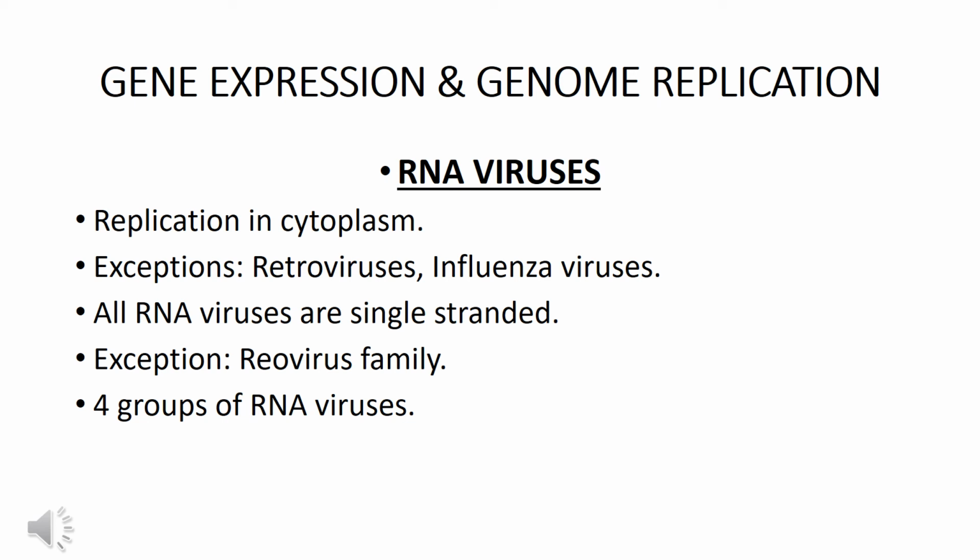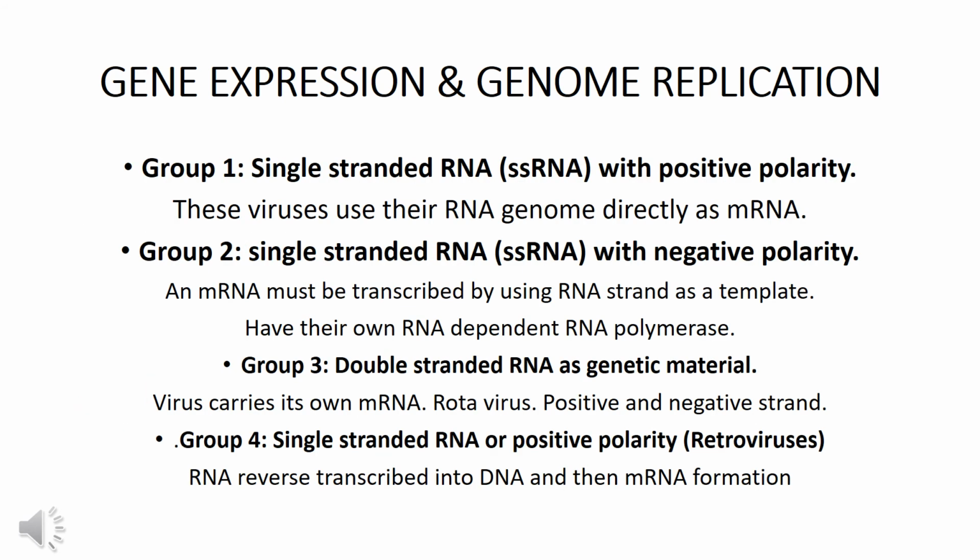So we have divided RNA viruses into four groups on the basis of change in replication steps. I'm going to discuss these four groups in our next lecture in detail. There are four groups on the basis of the replication of RNA.